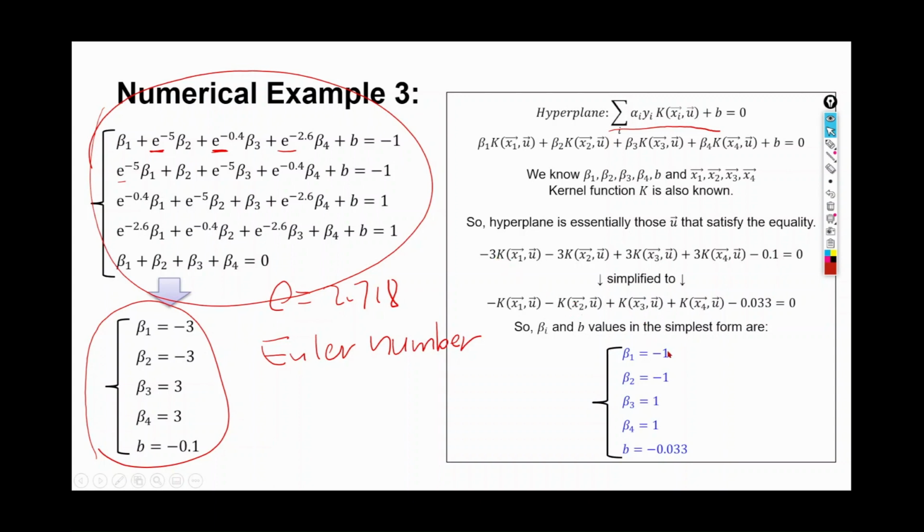Beta 1 is just -1, beta 2 is just -1, beta 3 is 1, multiplied with k x3 u, beta 4 is 1, and b value is -0.033. All right, so what does this mean?